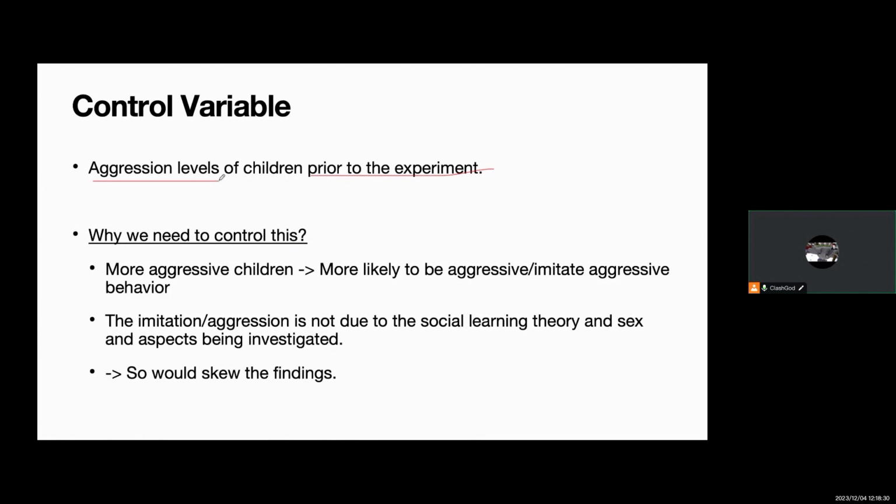Thus, we need to control the levels of aggression for each independent variable, each experimental condition, to make sure that this individual difference, this participant variable, is eliminated. And we will talk about how we control this variable, how we eliminate this individual difference, through the research design, which is the matched triplets design.